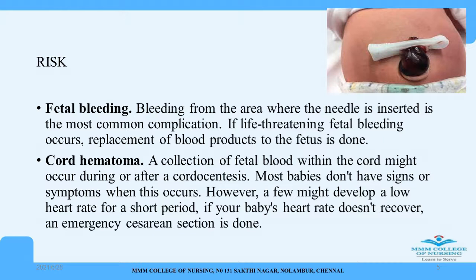If your baby's heart rate doesn't recover, an emergency cesarean section is done. So this hematoma is a risk factor for cordocentesis. After this procedure, some babies may develop a low heart rate, which may recover after some time. Suppose the baby's heart rate doesn't recover, an emergency cesarean section is done.